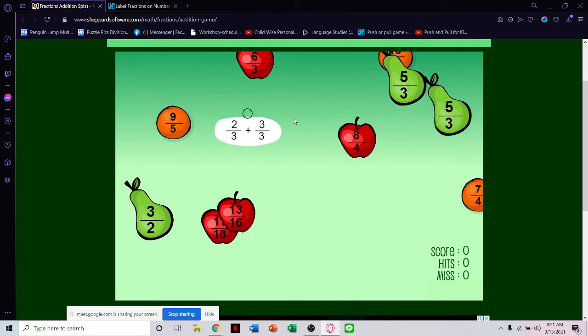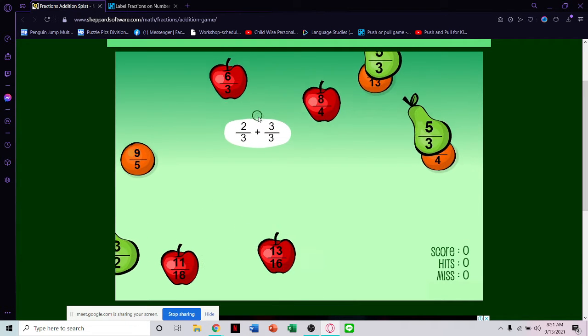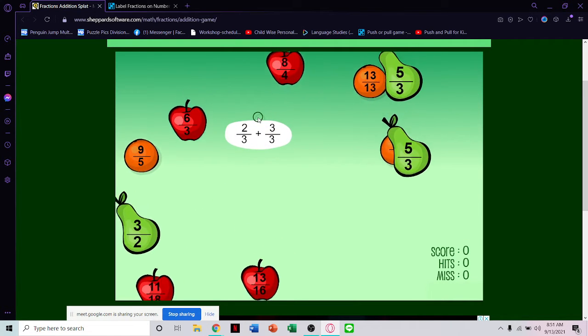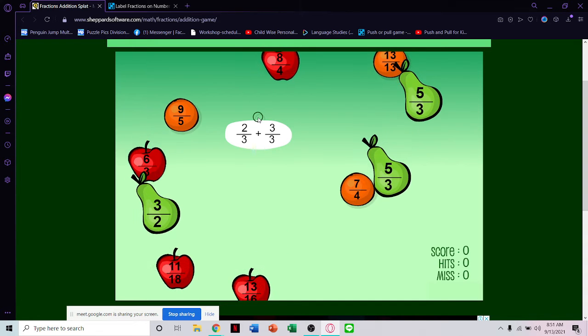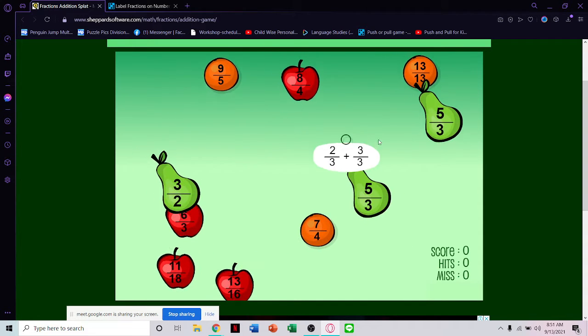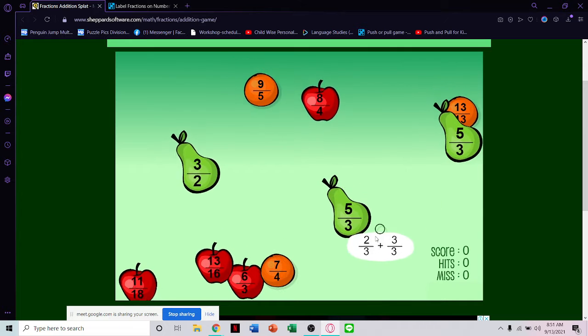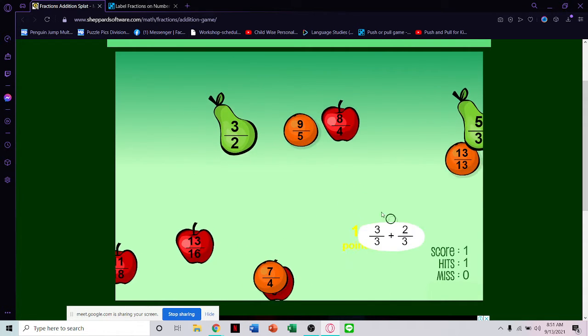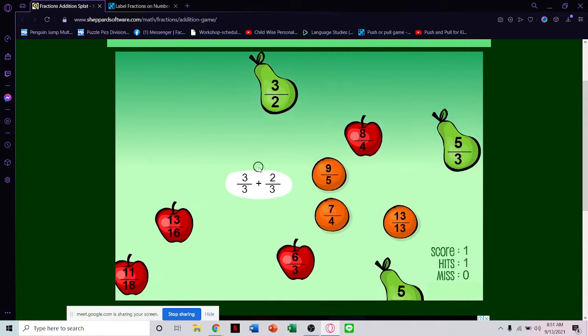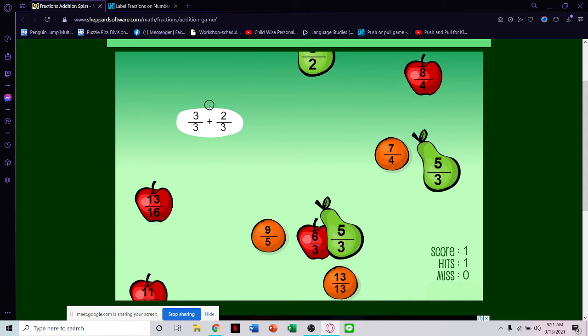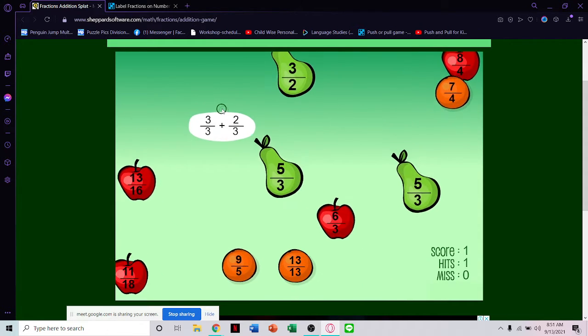So this one is what you're going to do. You're going to add 2/3 plus 3/3 is equal to what? 5/3. So you're just going to shoot the fruit that has 5/3. That's Pear. Yes. Next, 3/3 plus 2/3.